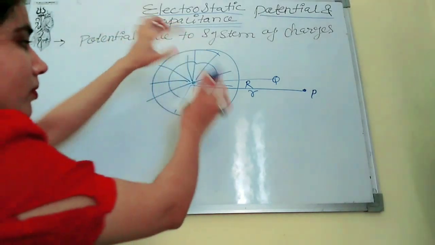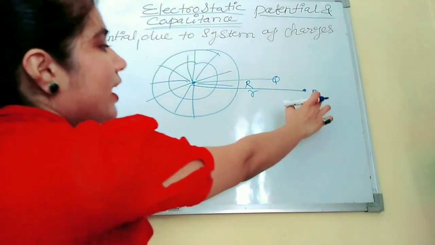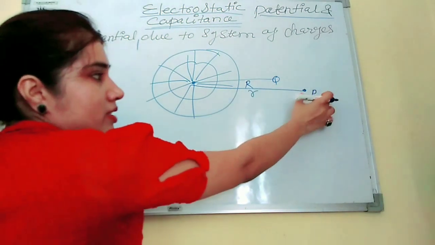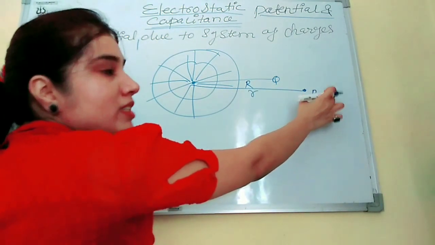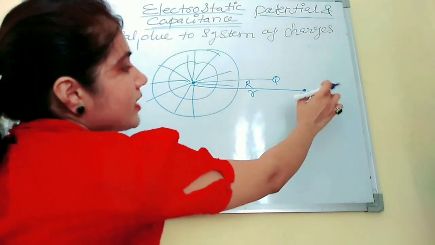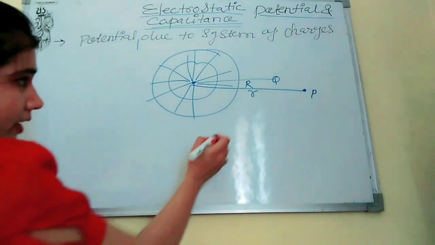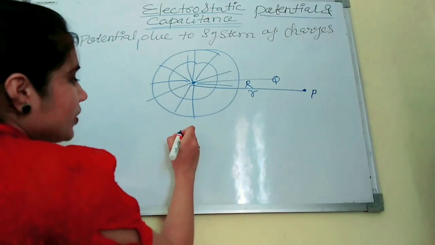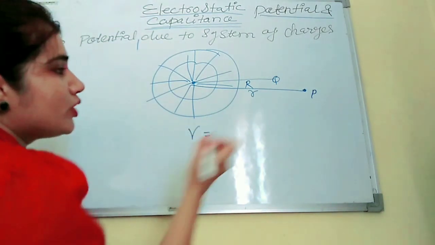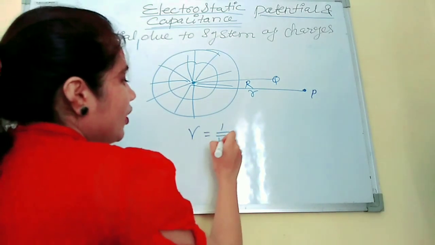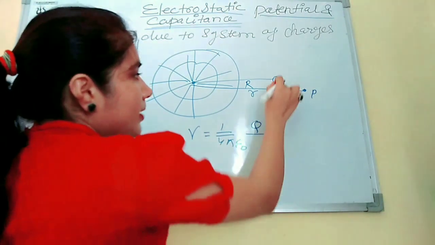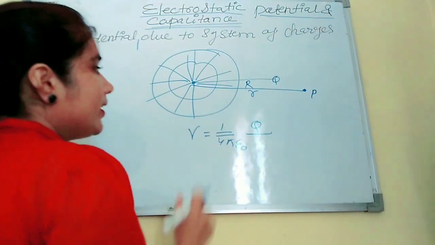Now to find the potential outside the shell, this is the point which is placed outside the shell. We get the potential as 1 by 4 pi epsilon naught times the charge q upon the distance.